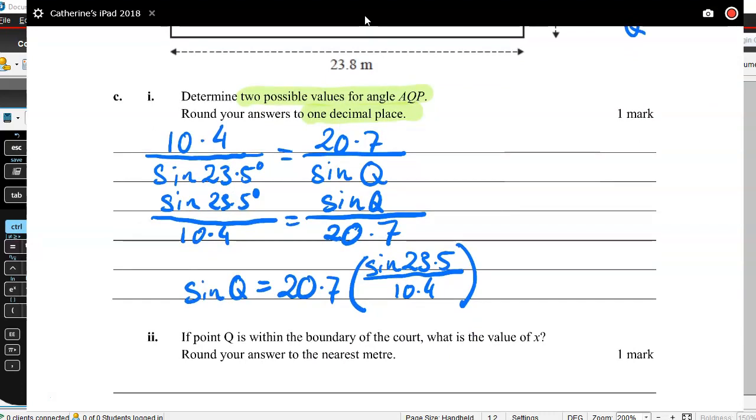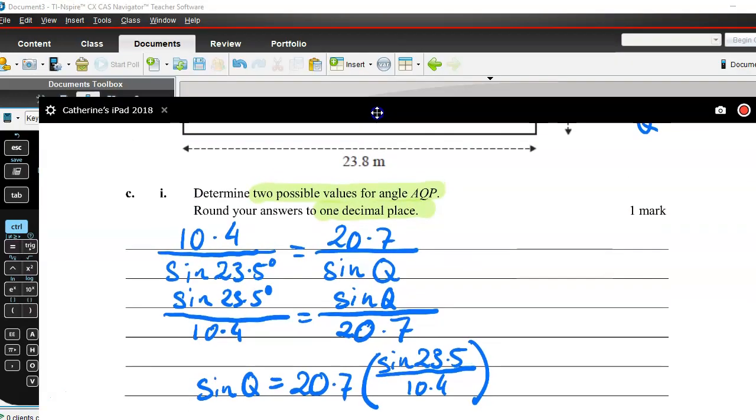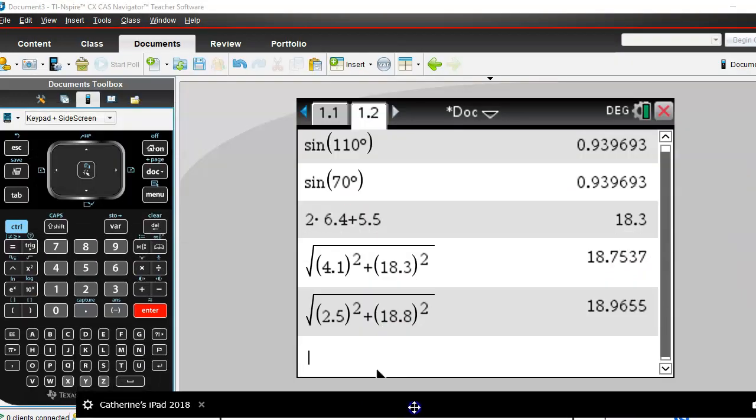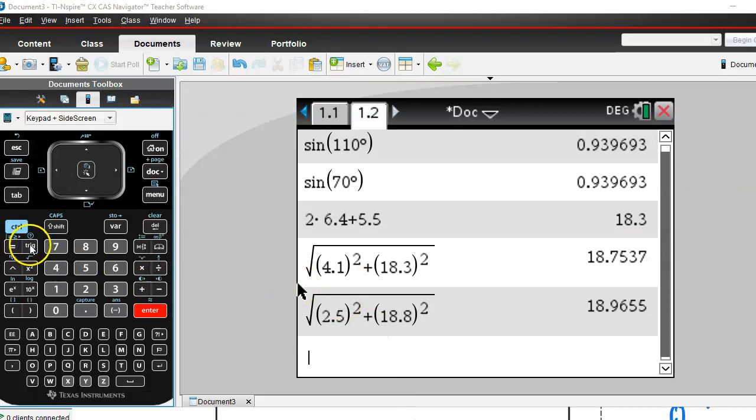Now I'm taking up a fair amount of space here. In further maths, you probably wouldn't be doing all of this because you do more on your CAS. So I might just do this on my CAS now.